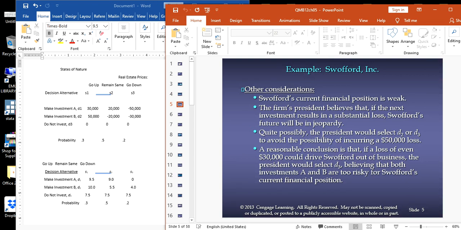Therefore, the president of the company may go for the second and third decision in order to avoid this substantial loss over here. And even if they believe that 20,000 loss or 30,000 loss makes the company in danger, they may avoid investing and go for alternative 3.